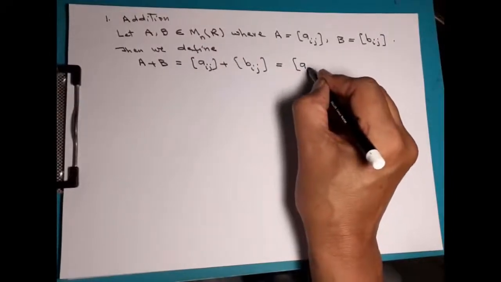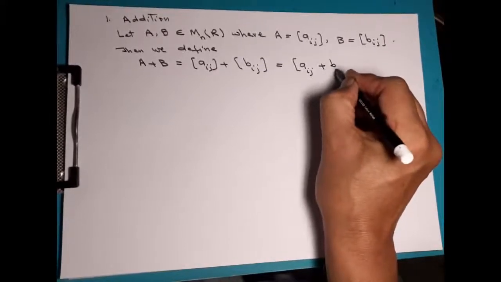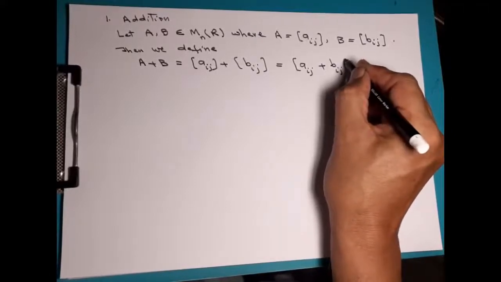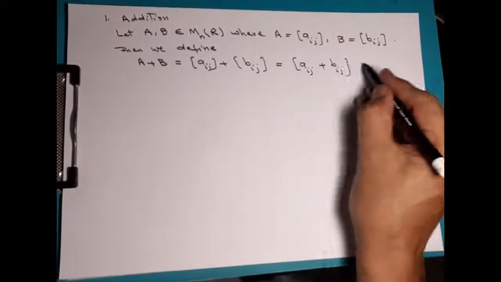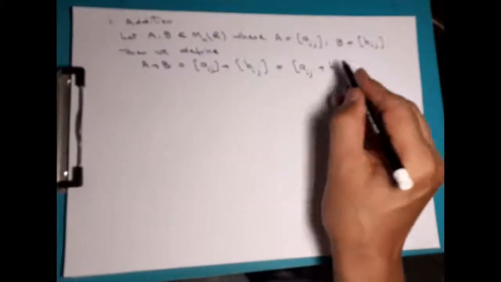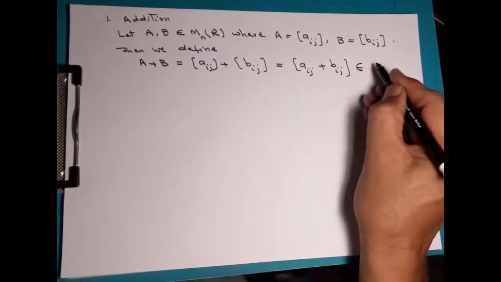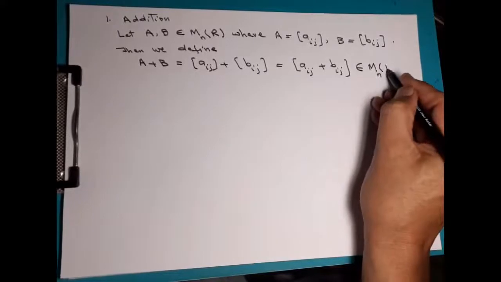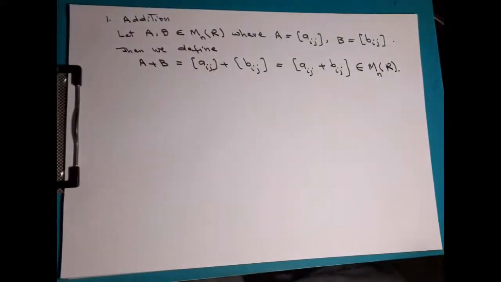So the entry of the ith row and jth column of matrix A plus the entry of the ith row and jth column of matrix B. Adding the corresponding entries, we obtain a matrix, and this matrix is again of order n by n, therefore it belongs to this particular set M_n(R). So this is the way we define addition.